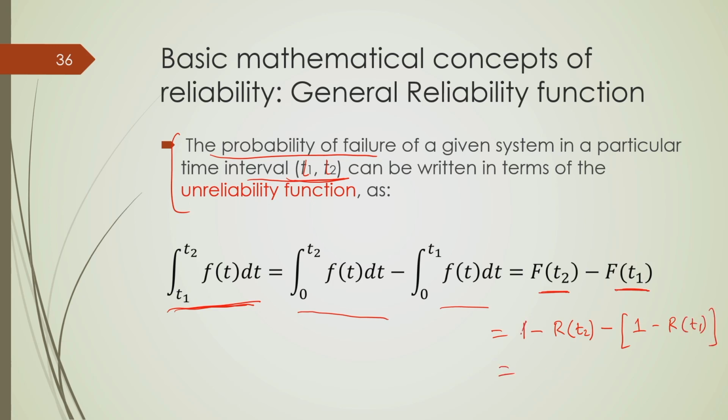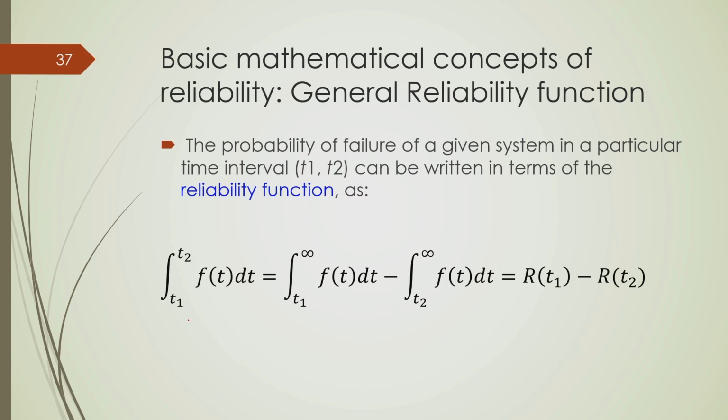So, 1 gets cancelled out, and you will get R(t1) minus R(t2). This can also be shown by changing the limit, because the integration of f(t) dt over the time interval t1 to t2 can be represented by the integration of f(t) dt over t2 to infinity, minus the integration of f(t) dt over t1 to infinity.